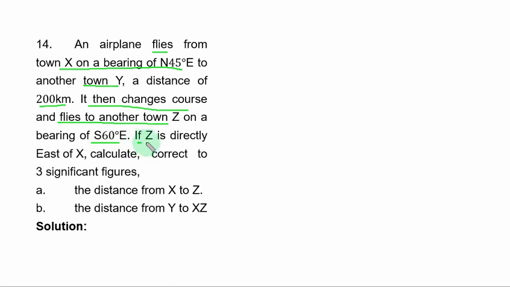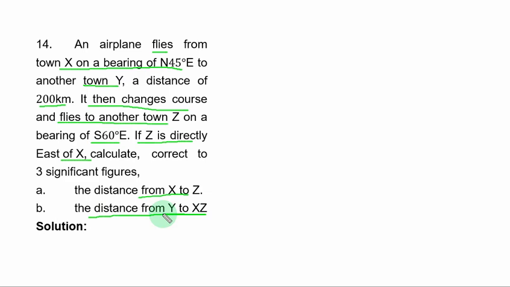If Z is directly east of S, calculate correct to 3 significant figures: A, the distance from S to Z. B, the distance from Y to SZ. This distance must be the height of the triangle that will result.